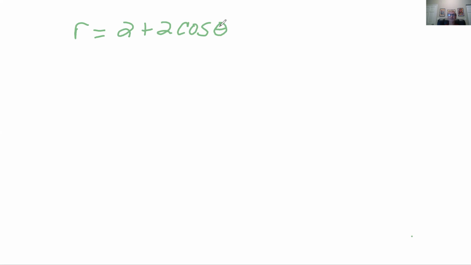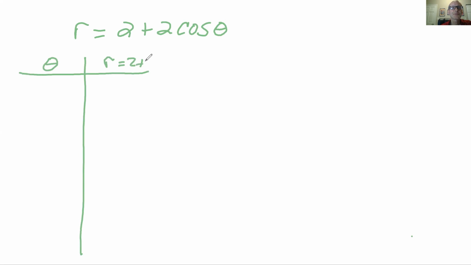So one of the things that you'll realize at the beginning is what's nice about this one, and let me just pick a couple values to show you. If we had theta and then the output of r, which is 2 plus 2 cosine of theta, let me get a couple values first, and then we'll start plotting them.